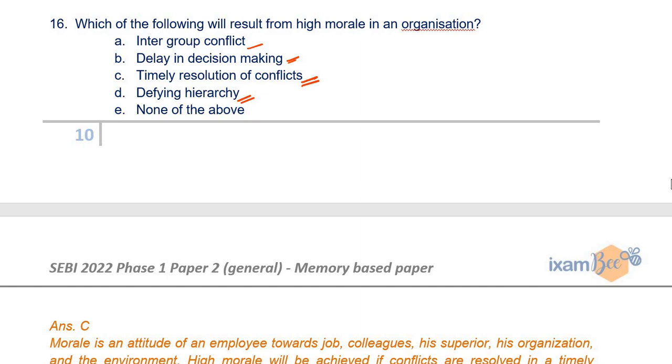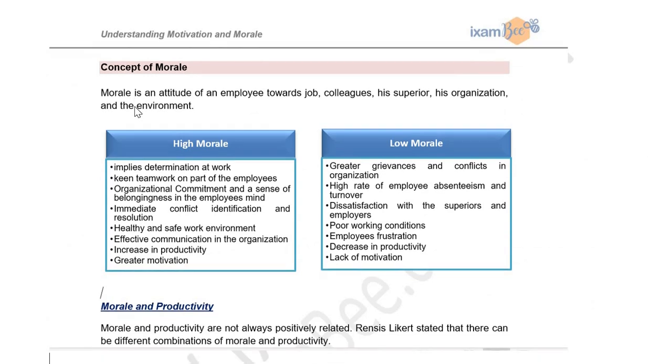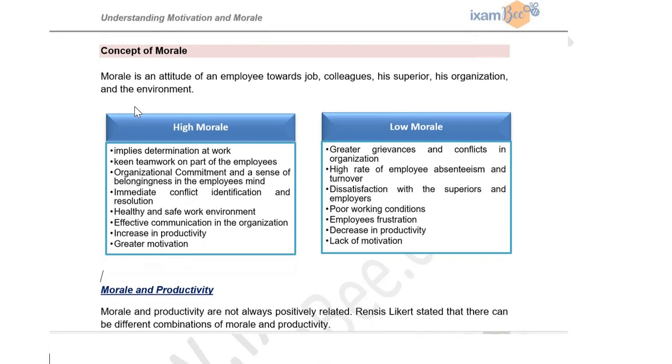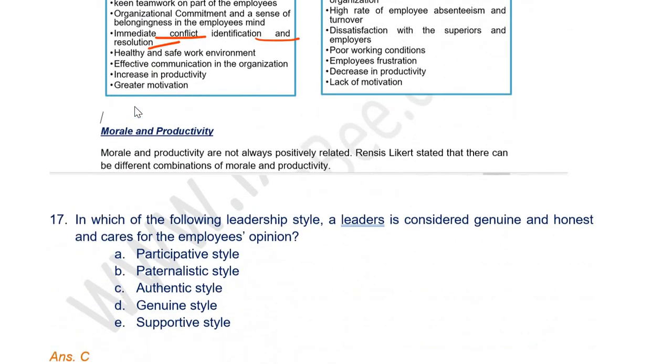So given all these options, even if you did not know and had not read, just logically thinking what will boost your energy, what will boost a good feeling about your organization from the given options, you will logically arrive at timely resolution of conflicts. Again, something which we have discussed in class and also directly covered in our notes. Immediate conflict identification and resolution will lead to high morale.